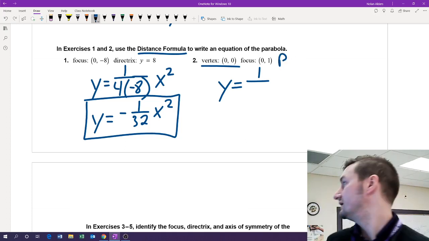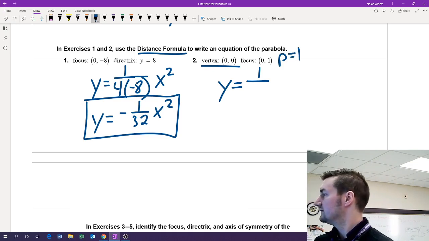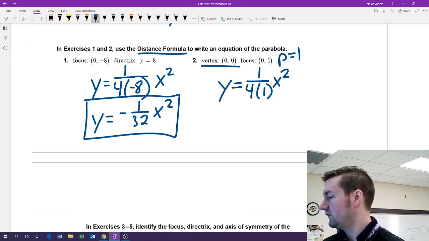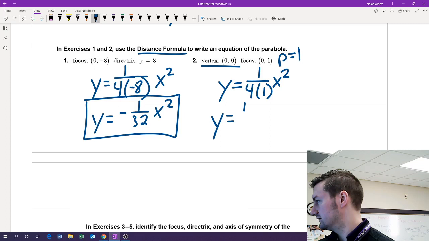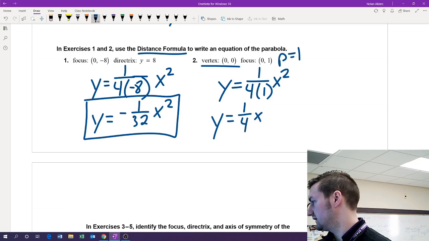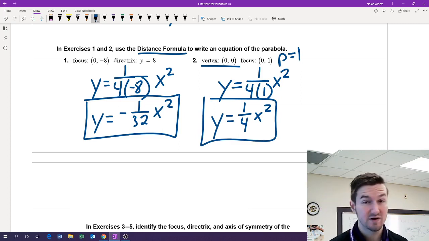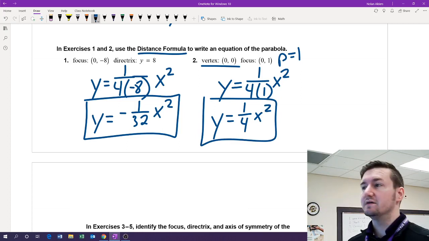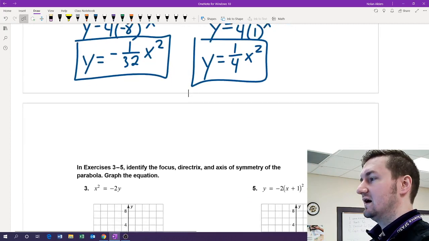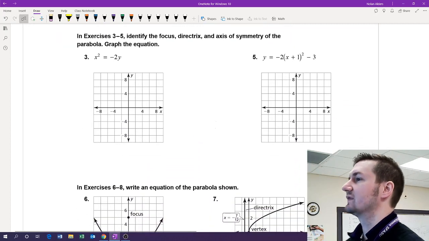It's supposed to be an equal sign. So 1 over 4p x squared. So our equation is just 1 over 4 x squared, because 4 times 1 is just 4. And there's our equation. All right, so that's kind of how we can write equations based off of what our p value is.